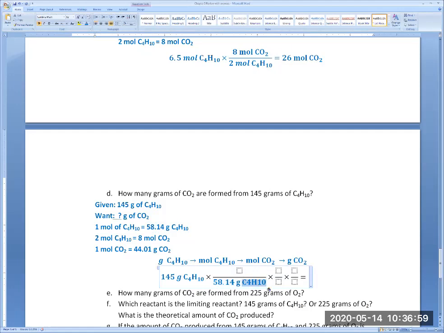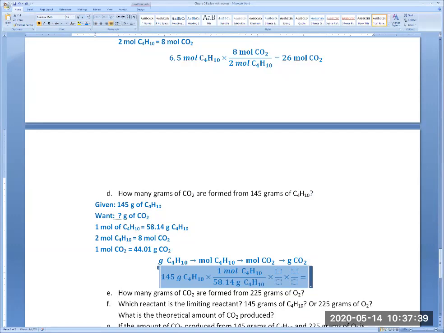Again, it's important that you write the units fully. It's not just grams, it's grams of butane, right? And that's 58.44 grams for 1 mole of C4H10.